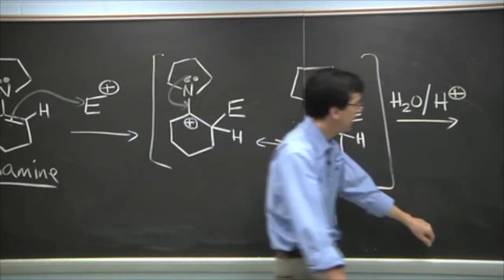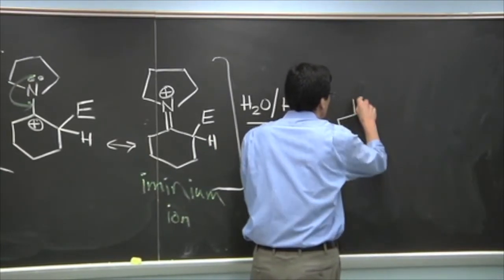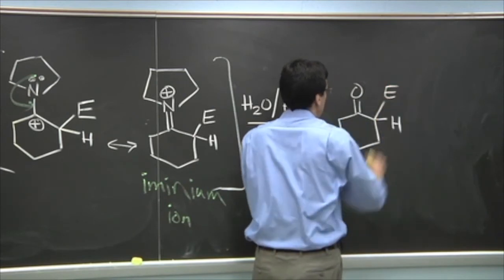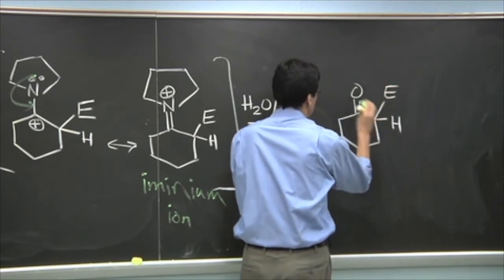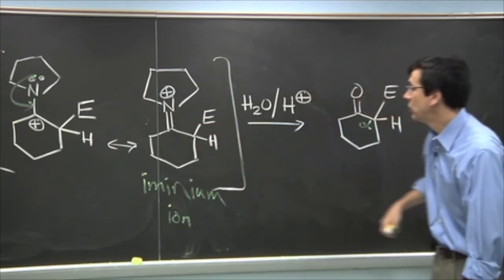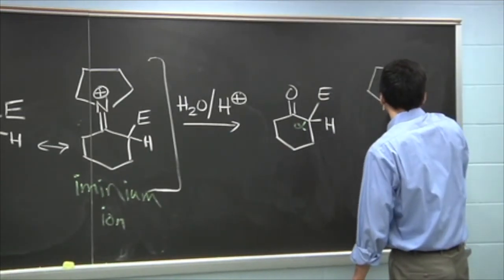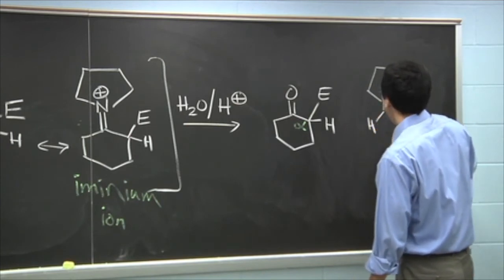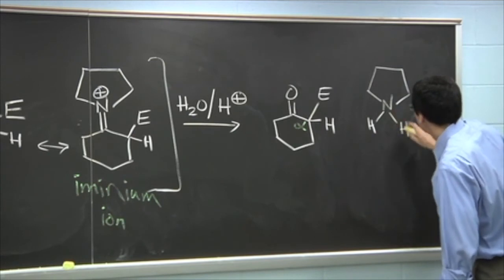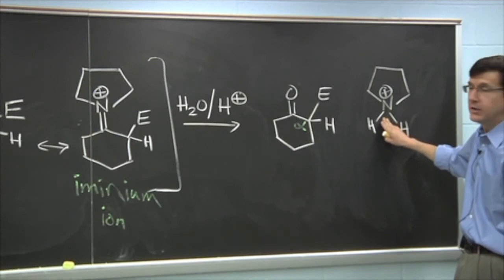So the final product is going to have a carbonyl here. And there's going to be the E at the alpha position, the electrophile. And then the other product from this reaction is going to be the corresponding amine. And then under the acidic conditions here, we might reasonably draw the amine as this ammonium type of ion.